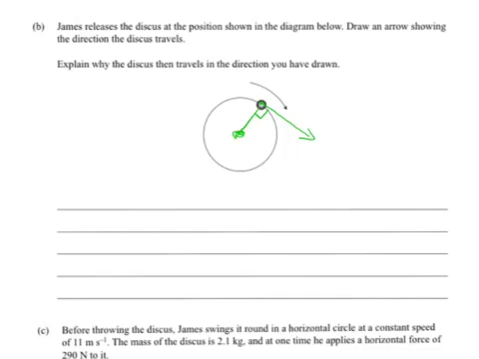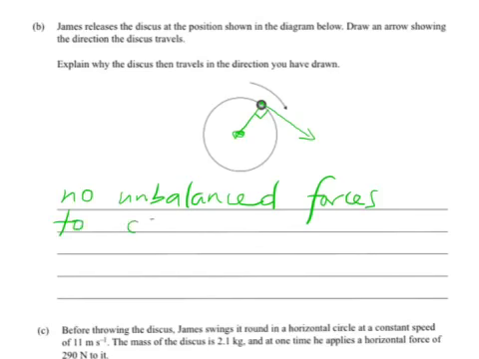Okay, so explaining why the discus travels in the direction, I think I sort of did just there, but if we consider the forces, there are no unbalanced forces to cause acceleration, and an acceleration is required to change direction.